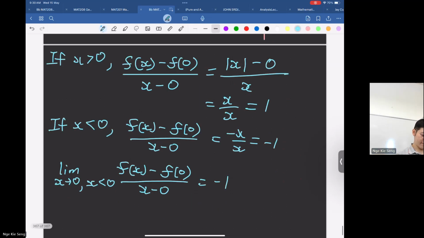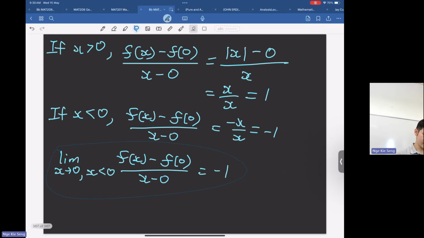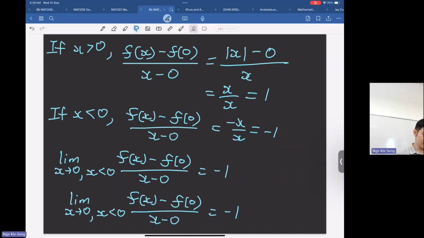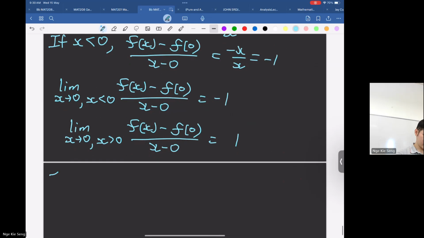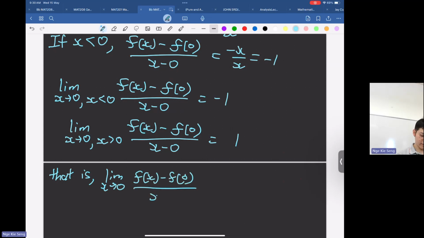But from the right-hand side, you will get 1. So these are two sequences that don't converge to the same limit. So the limit of f(x) minus f(0) over x minus 0 does not exist.